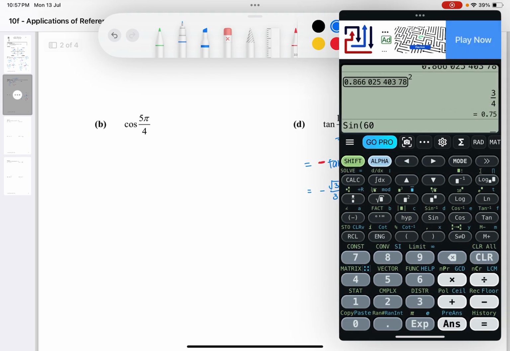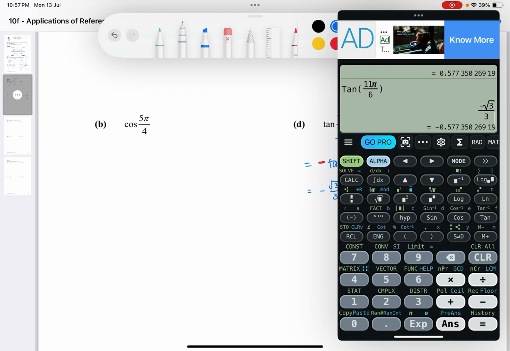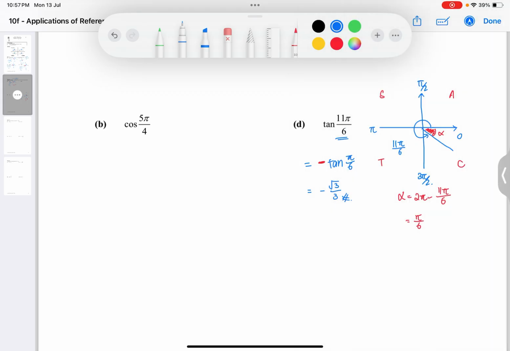You can always check what is tangent 11 pi over 6. Can you see that? Negative root 3 over 3. Just now we had the negative written in front, so that's why it's not typed here. But that's how we know our answer is correct.